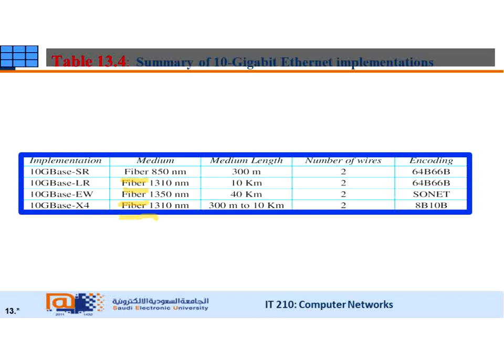The medium lengths are 300 meters, 10 kilometers, 40 kilometers, and 300 meters to 10 kilometers respectively. The number of wires is 2, and the encoding is 64B/66B, 64B/66B, SONET, and 8B/10B respectively.